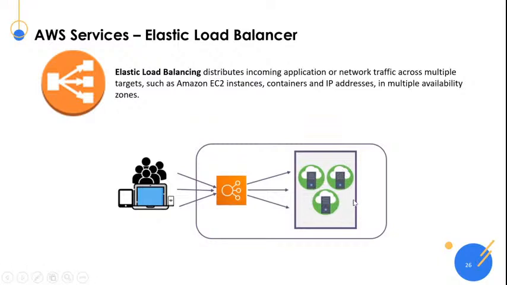Okay, and in that case, if one of the servers goes down, say this server goes down, my user can view my website on the other two servers. And if both of these servers go down, then you can view it on this server, right? But now you might be wondering how will the user know which server to go on, right?